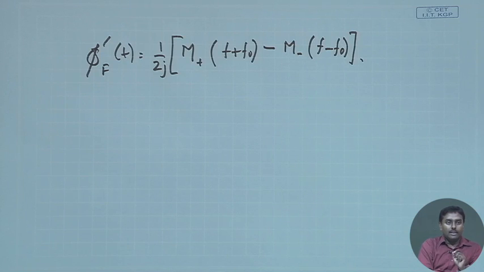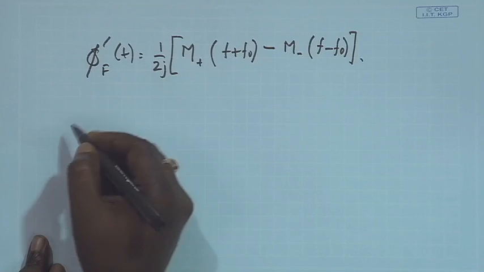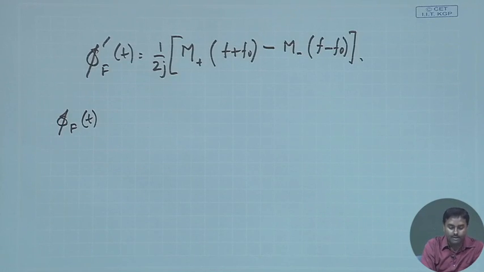Now, these two terms have to be multiplied with cos omega ct and sin omega ct. If I do cos omega ct multiplication, what do we get? Suppose I am doing the upper arm. That is the corresponding time domain signal, let us say phi f t, which has a frequency domain representation, we have already done that, phi f f.